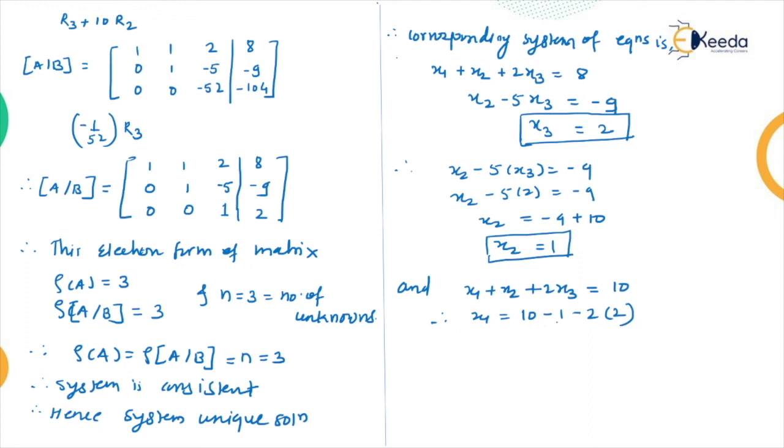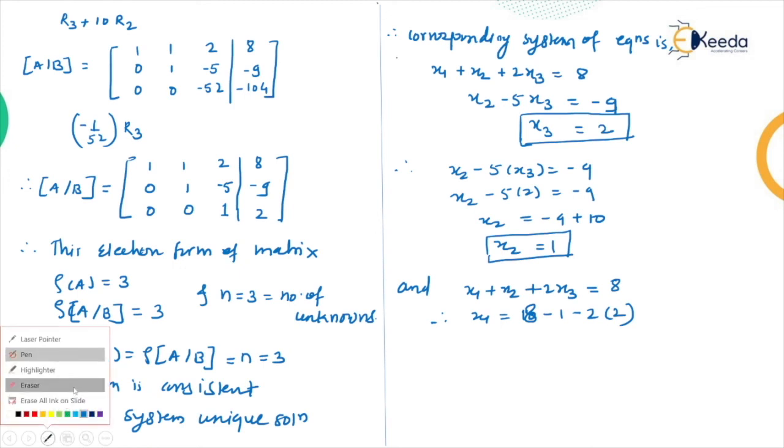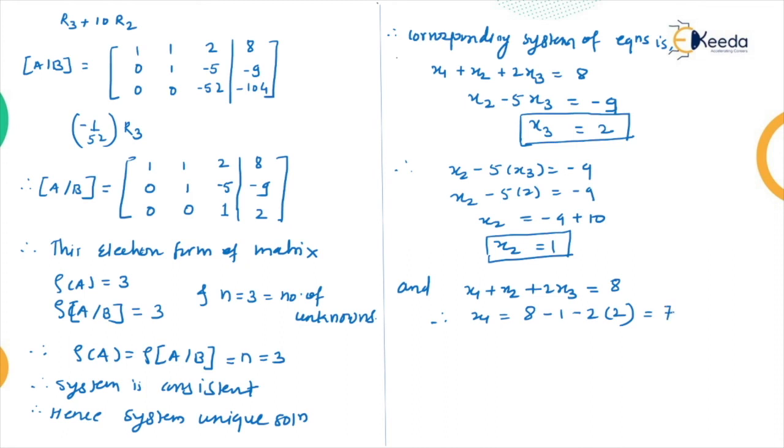So this is 8 minus 1 minus 4. This becomes 8 minus 1, that is 7, minus 4. So you get the value of x1: x1 is equal to 3.